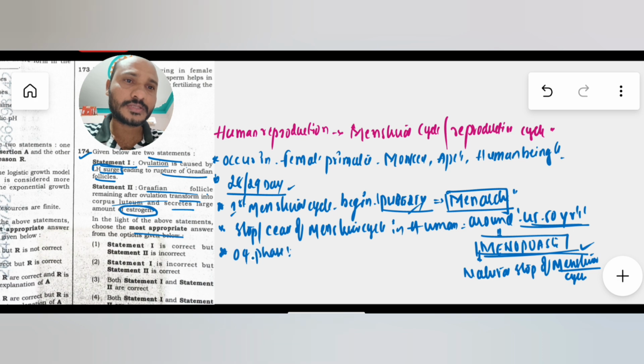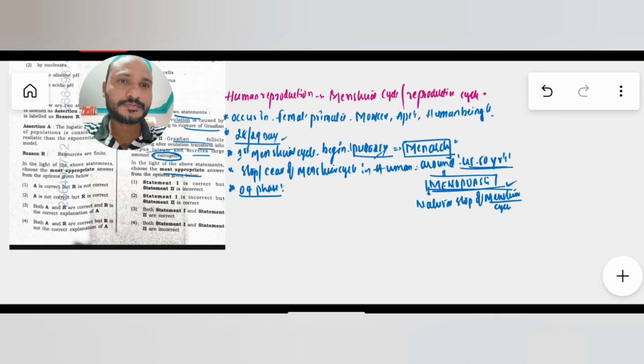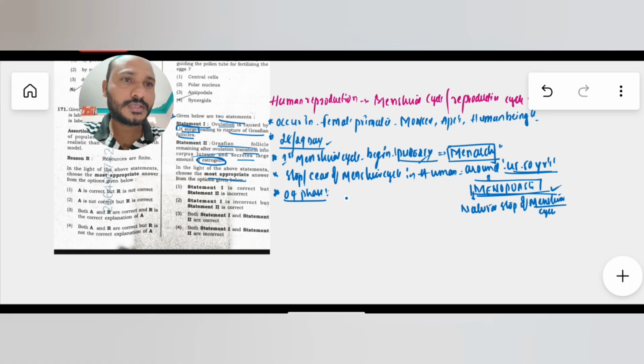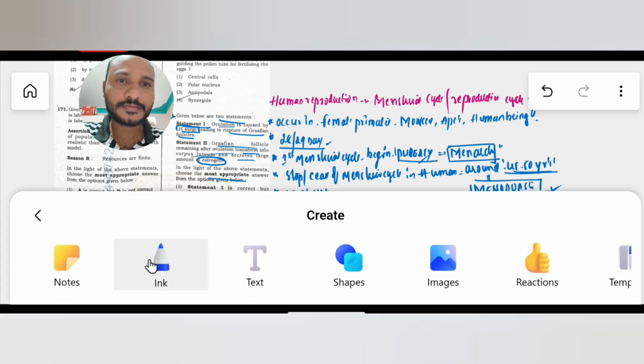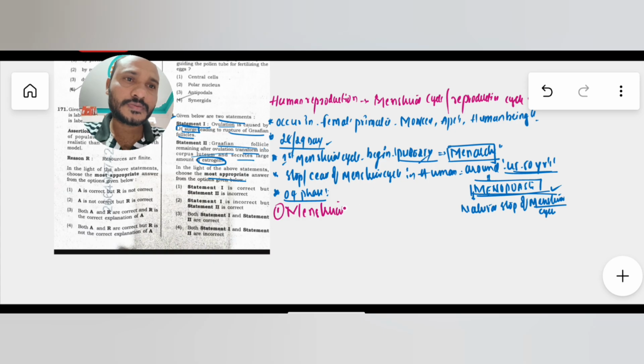Here the first one, very important, is the menstrual phase, or we can simply call it the bleeding phase. It generally occurs for 1 to 5 days.